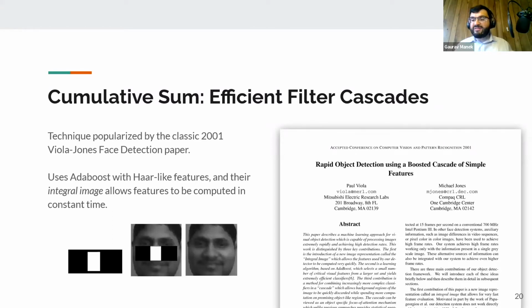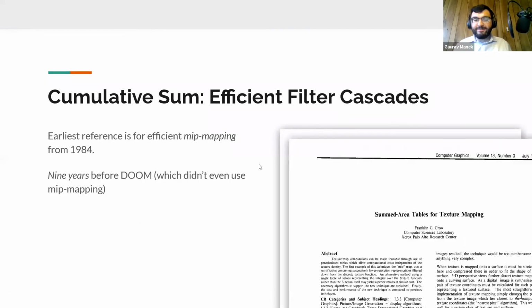If I remember correctly from the paper, they could compute any one of the 6 filters they wished in at most 12 addition or subtraction operations, which is mind-blowingly fast. And on 2001 hardware, they were able to get face detection at something like 26 or 27 frames per second. Again, impressive. This technique, they themselves attribute to a classic computer graphics technique invented 9 years before Doom was a thing.